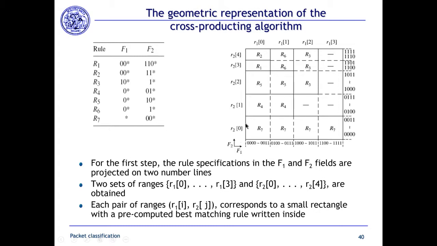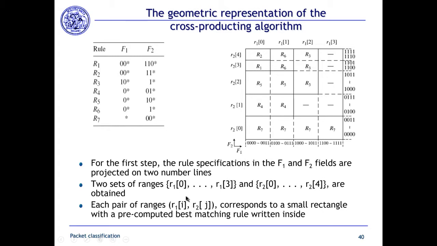So this is again another example, and it also tells you how to build the base structure. So we first take the rule specification in F1 and F2 fields, project them into the line numbers. In this case, we are again using 4-bit line numbers.